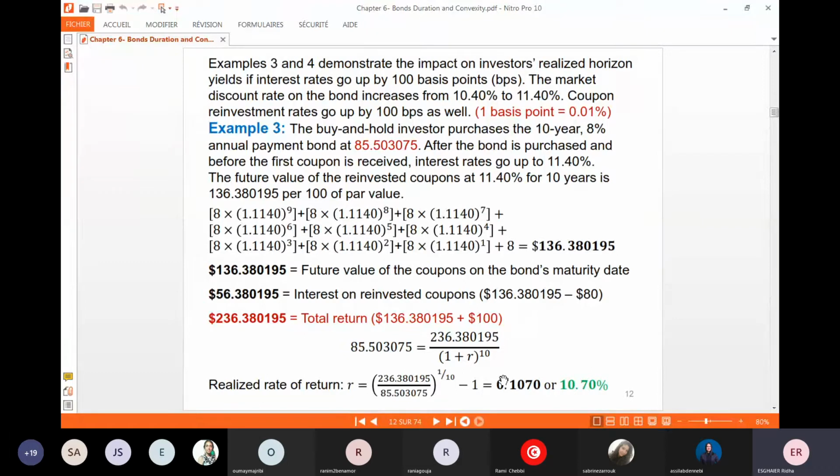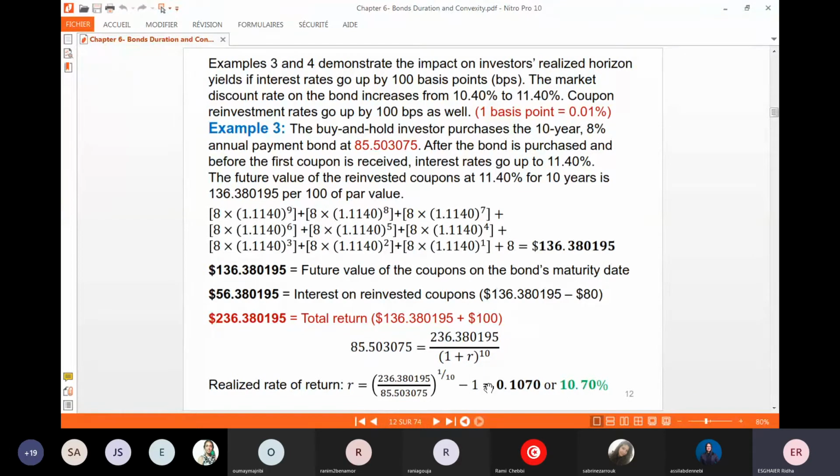In the case of a buy and hold investor, where does his gain come from? Any variation in his return comes from the reinvestment rate. Because the reinvestment rate increased from 10.4 to 11.4, the realized return increased. Here we have no impact on the price of the bond.